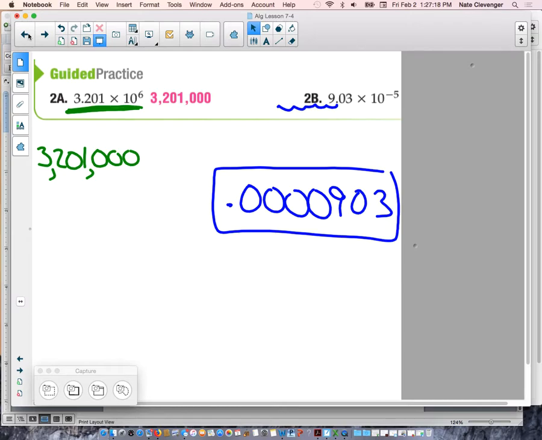Okay, let me look at this one with you. Let me show you this one, because when I saw it, I kind of panicked a little bit. This is just plain old 42.1. Would it be necessary to put it in scientific? No, but we can. We still want to write this as a number between 1 and 10, so this would need to be 4.21.